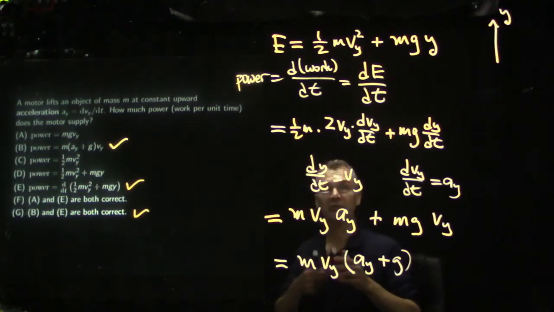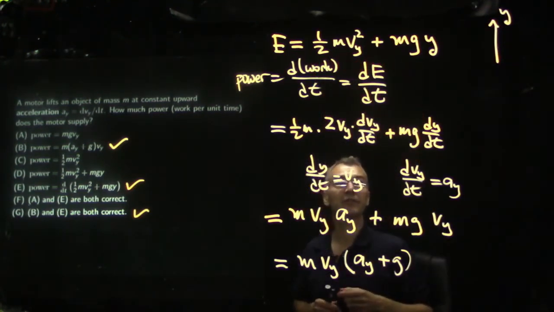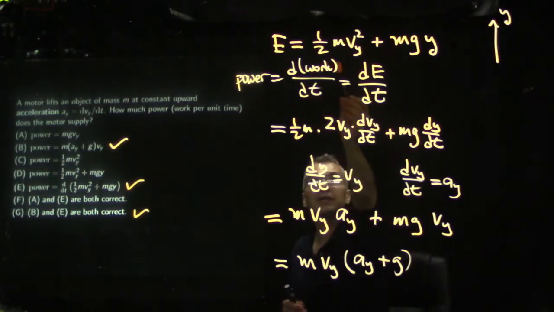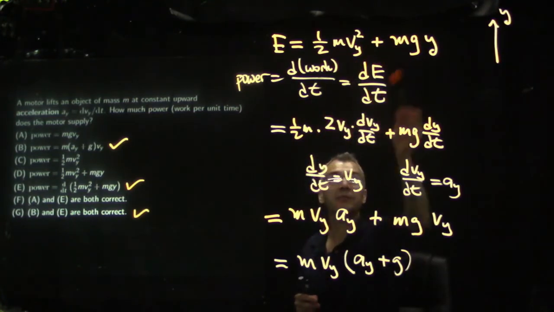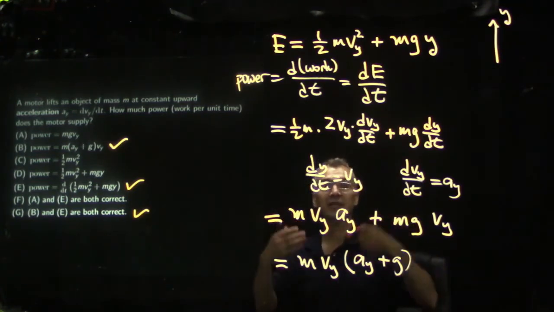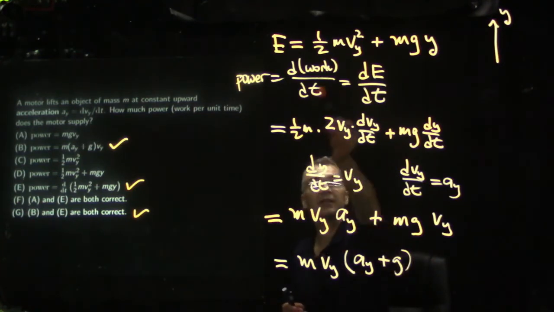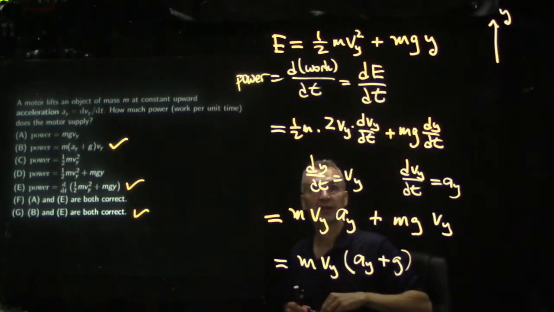So we can write an expression for the total energy, which is 1/2 mv squared plus mg times the height. So it's 1/2 m v sub y squared plus mgy. And then we can take the rate of change of that energy, and it must be the rate at which we're doing work on the system. So we take the derivative of both terms.